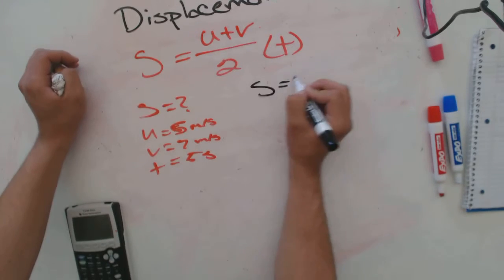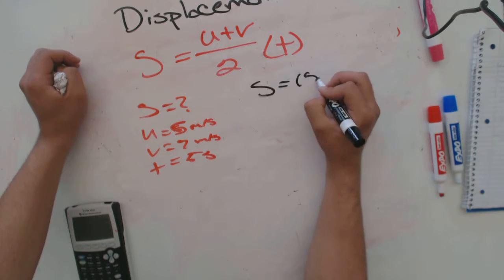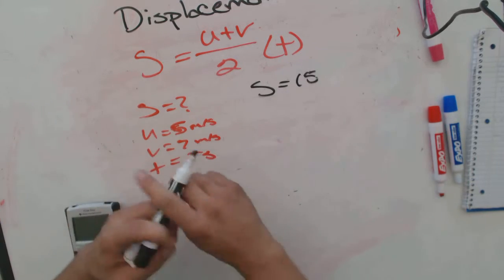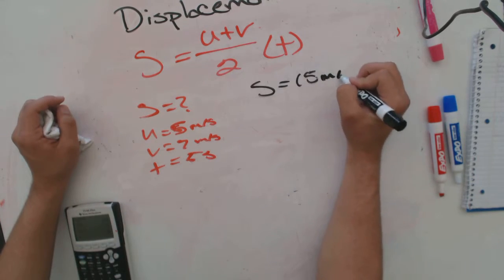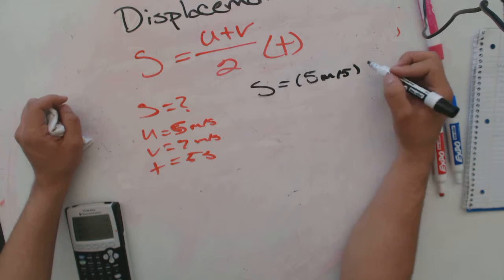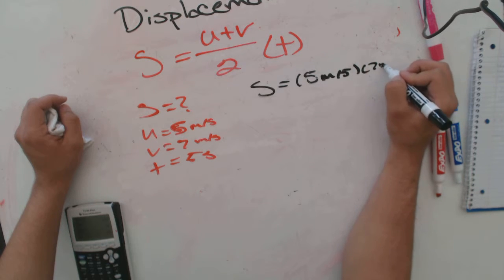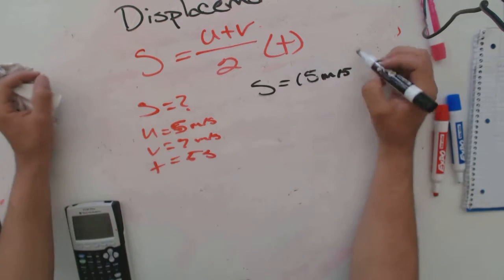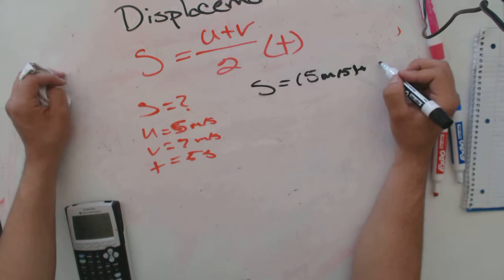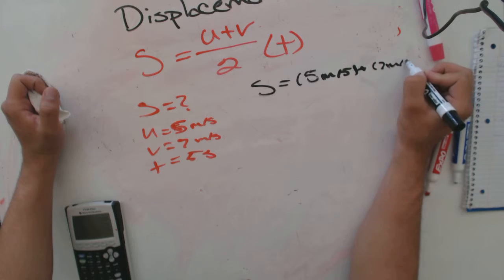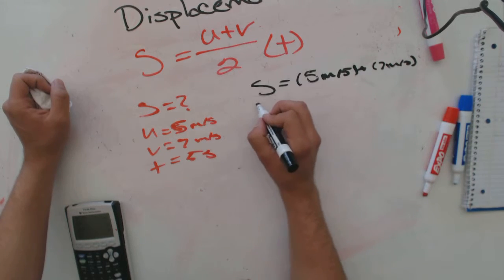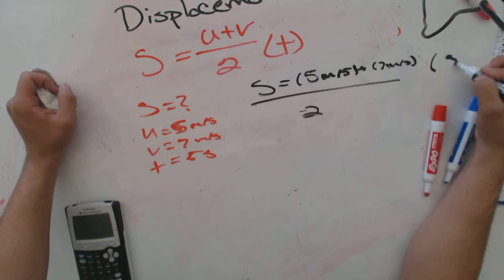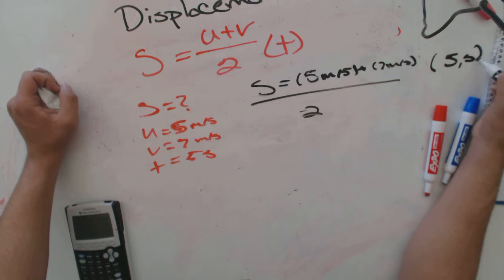So we have displacement equals 5 meters per second plus 7 meters per second, over 2, multiplied by 5 seconds, right?